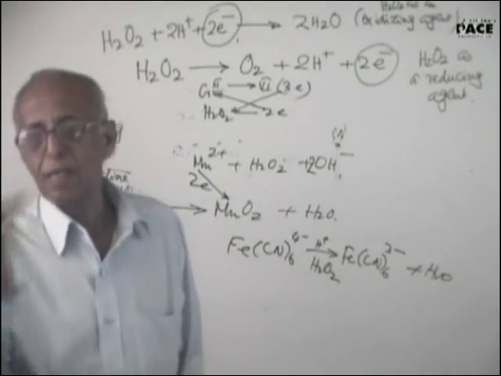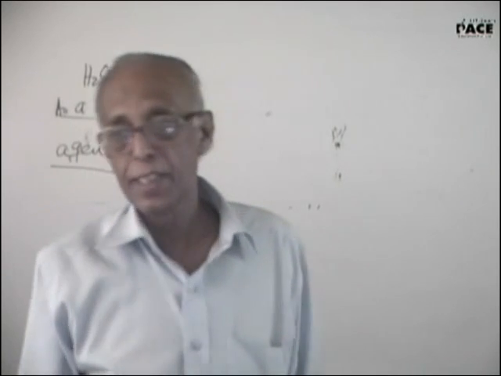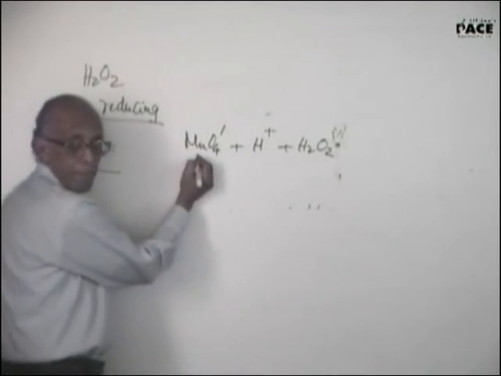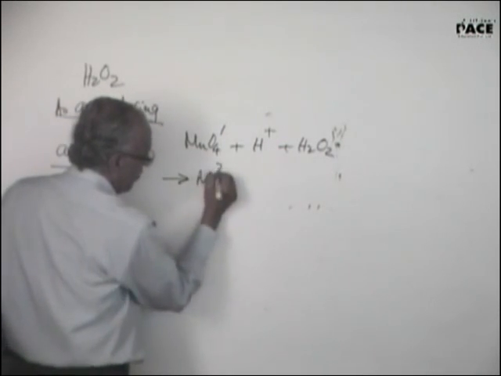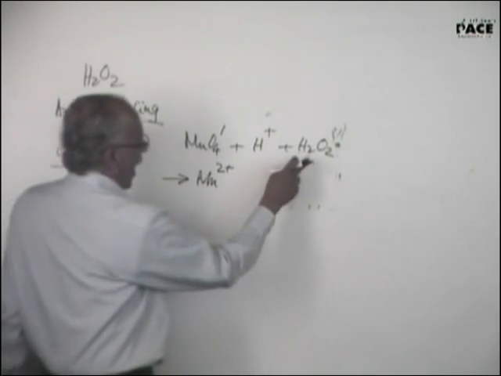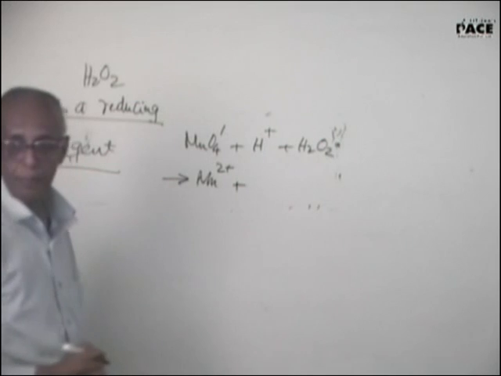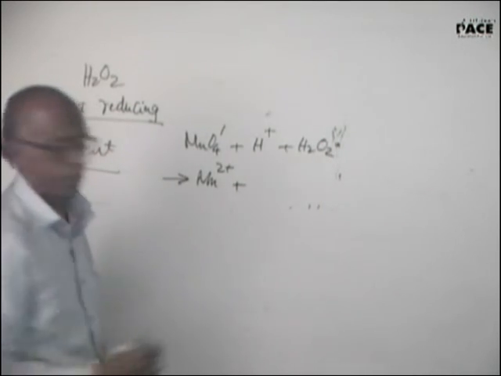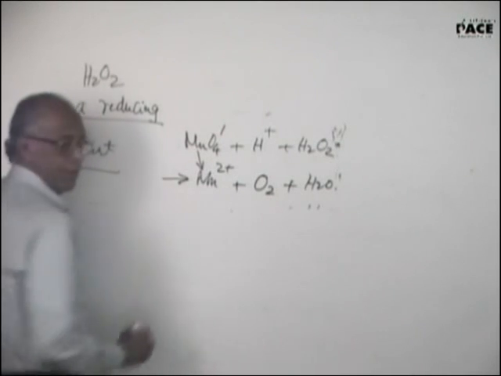Ferrous goes to ferric, ferrocyanide goes to ferricyanide. Hydrogen peroxide as a reducing agent. Permanganate ion in acid always gives you Mn2+. Remember that. As a reducing agent, what will be the product of hydrogen peroxide? Oxygen.